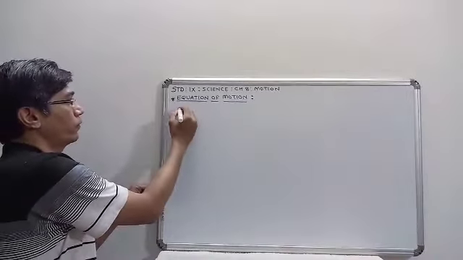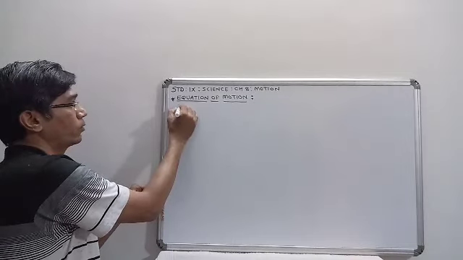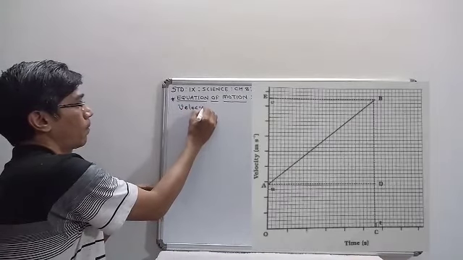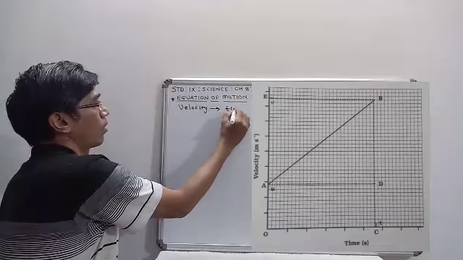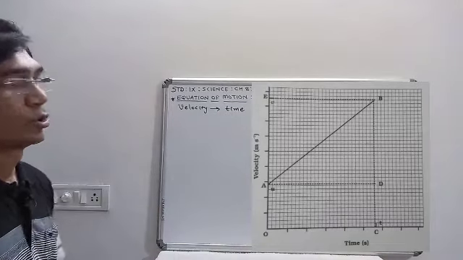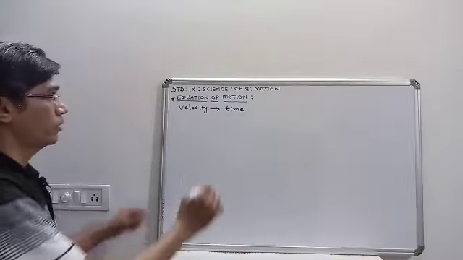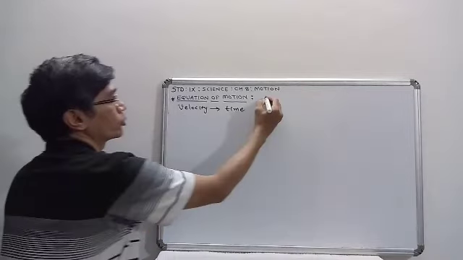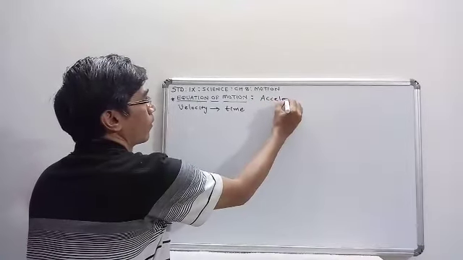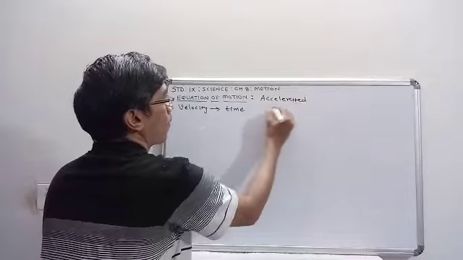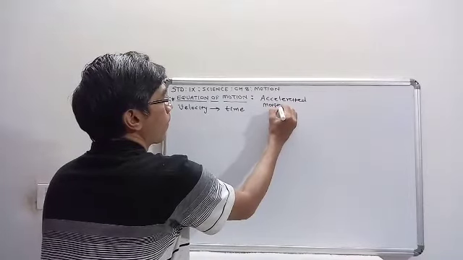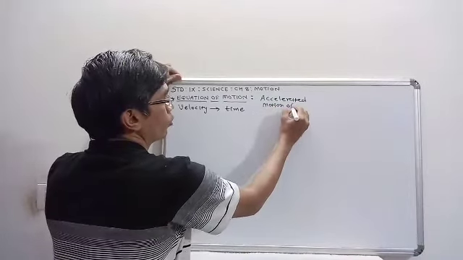Here first of all we are taking the graph of velocity versus time. Here we are taking the accelerated motion of an object.